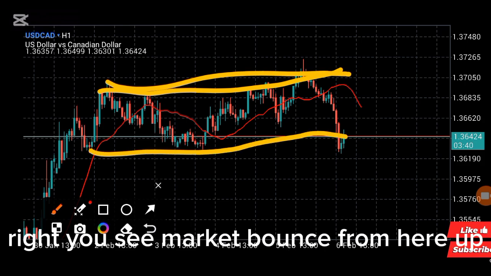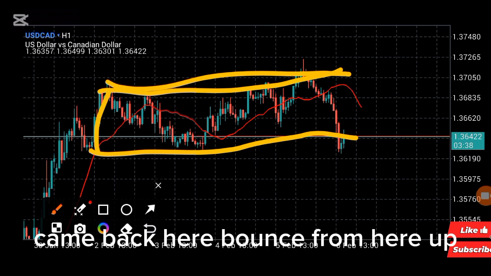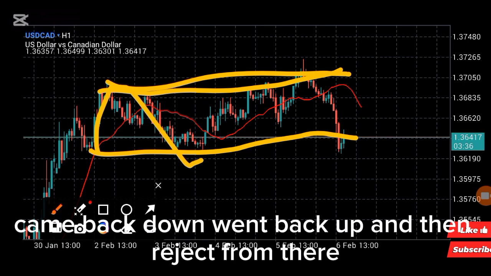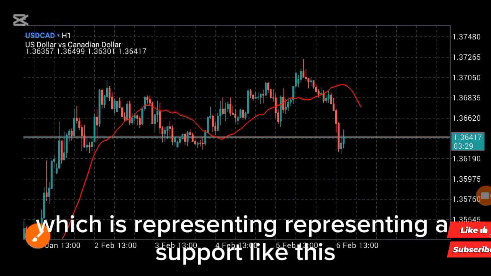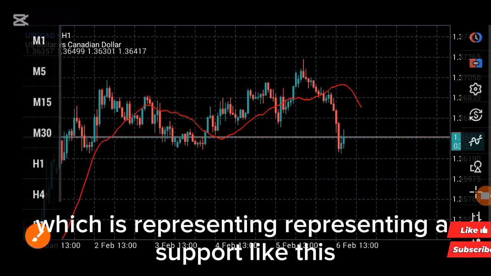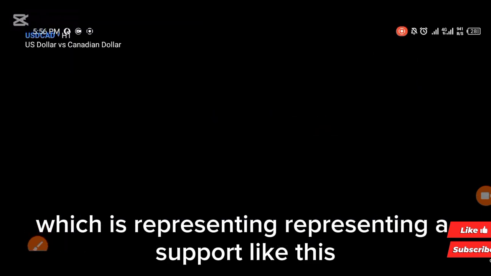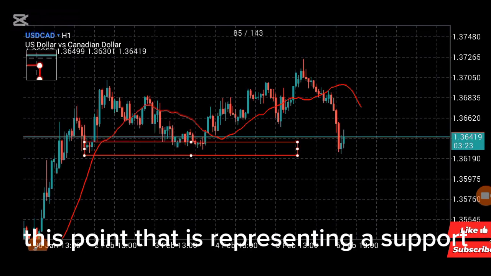You see the market bounced from here up, came back here, bounced from here up, came back down, went back up, and then rejected from there. So you can see this point is representing a support.